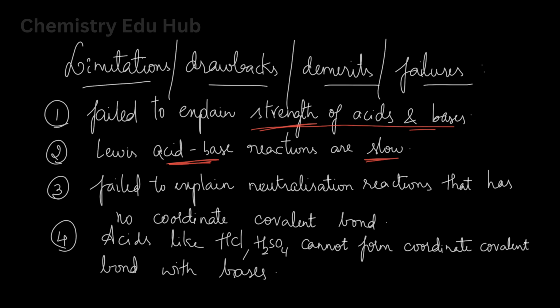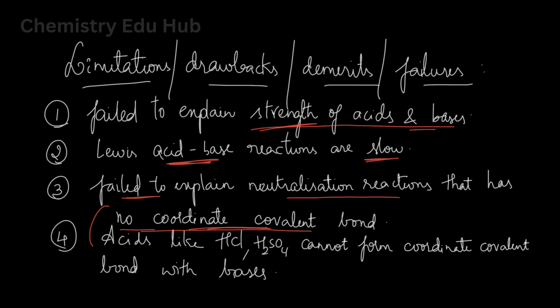And it failed to explain the neutralization reactions where there is no coordinate covalent bond. This theory can explain neutralization only in those molecules which have a coordinate covalent bond, but for the reactions where there is no coordinate covalent bond, it failed to explain.